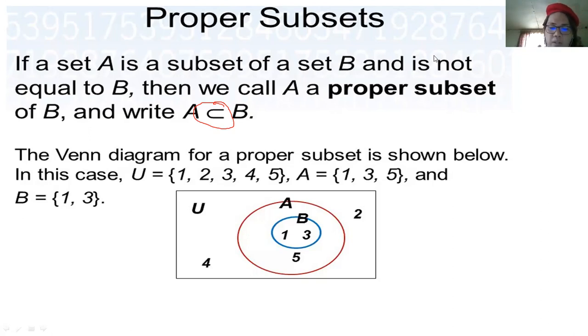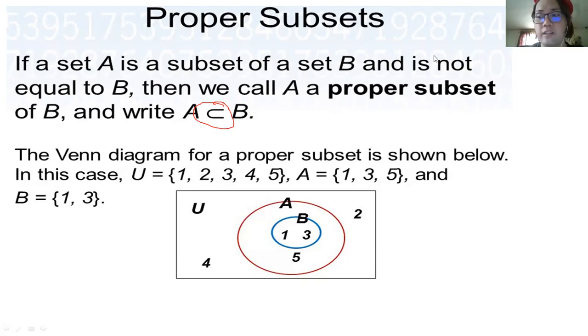Another requirement is that B contains at least one element that is not in A. So if every element of A is also an element of B, then B contains at least one element that is not in A.